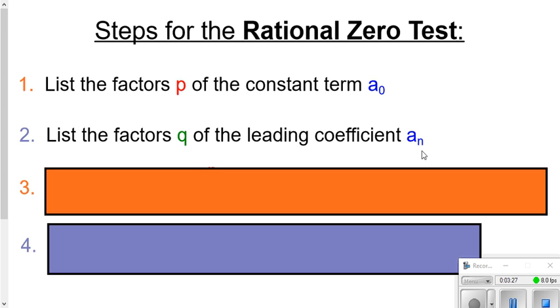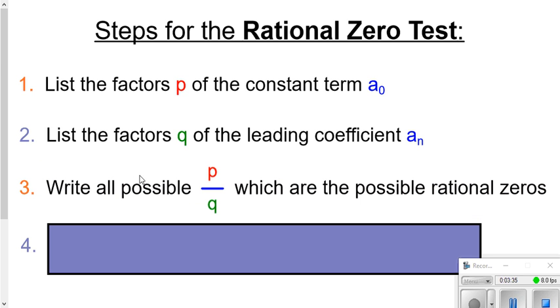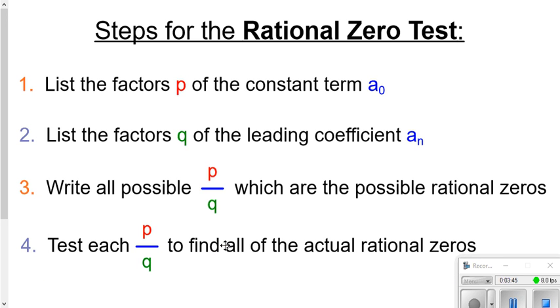Find that front integer, the coefficient of our first term, find all of its positive and negative factors. We call those q. Next, we will write all the possible ratios p over q. These will then be the possible rational zeros, the ones we could possibly create there. And lastly, we will test each one to find out which ones of those will actually be the rational zeros.